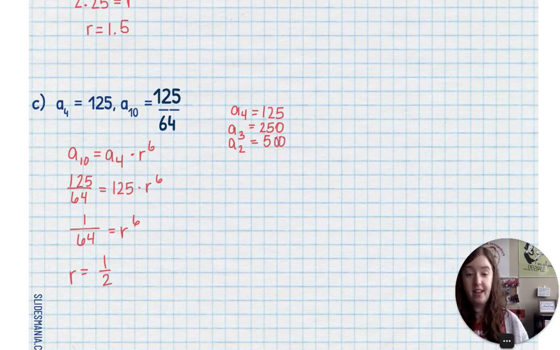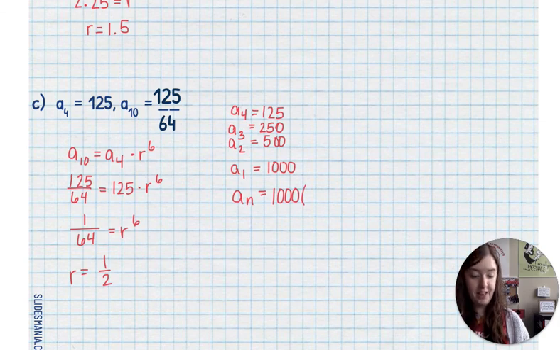And then we'll divide by 1/2 to get the first term, and that will be 1,000. So let's go ahead and write this out. a sub n equals, my first term is 1,000, times my common ratio, 1/2, to the n minus 1 power. Okay, good deal. See you later.